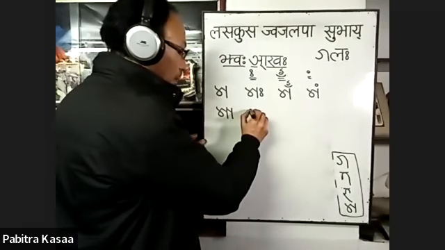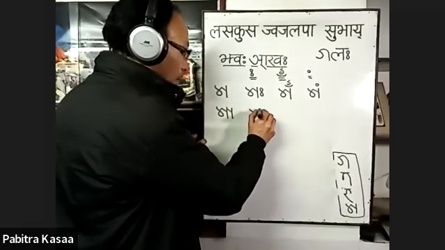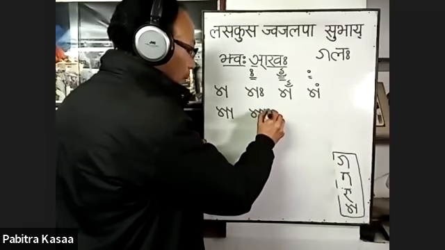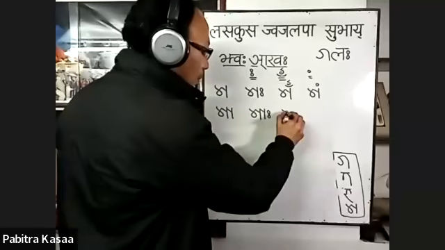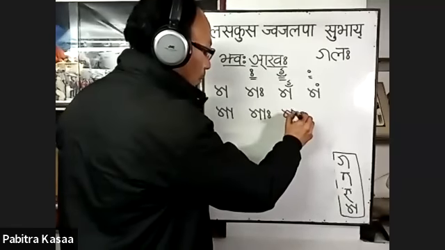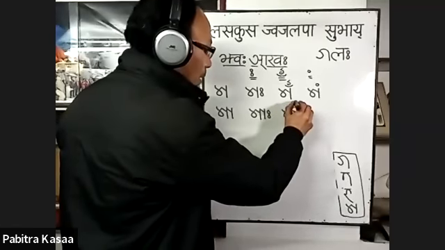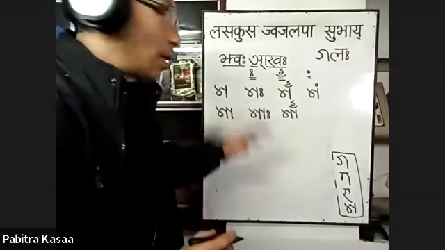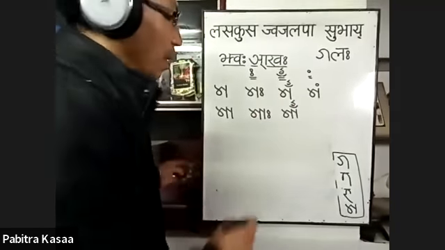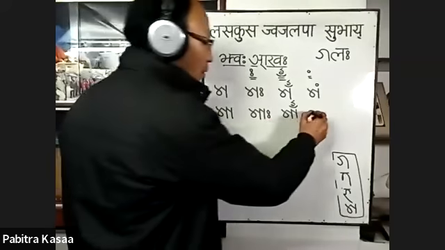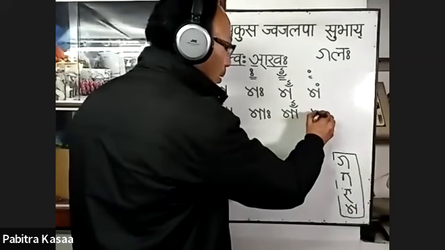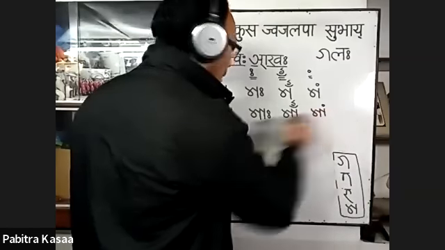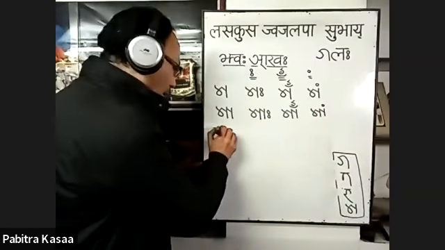Sha. This is the sha. That's why I'm just writing it. Otherwise, it is also the same like the others. But the only different part is at the ukar. So sa, she.